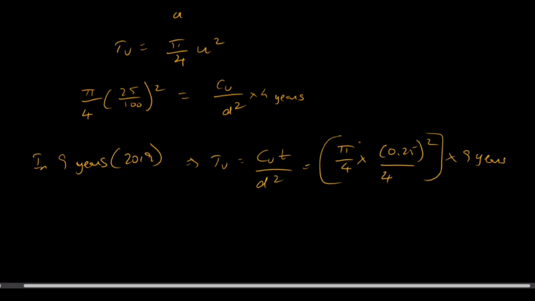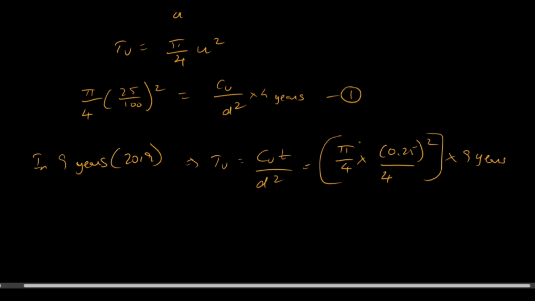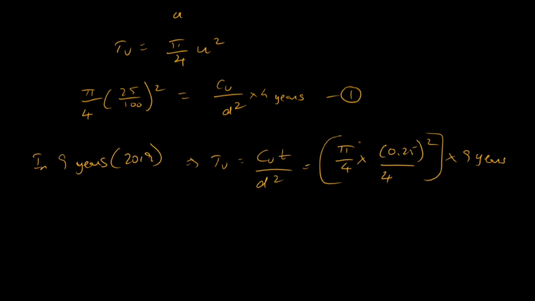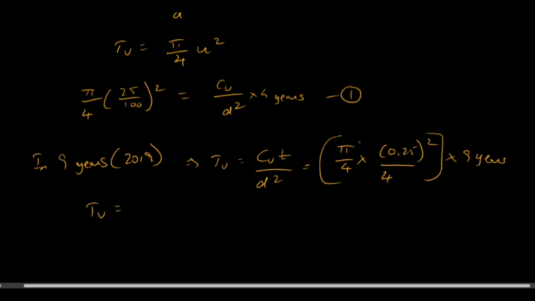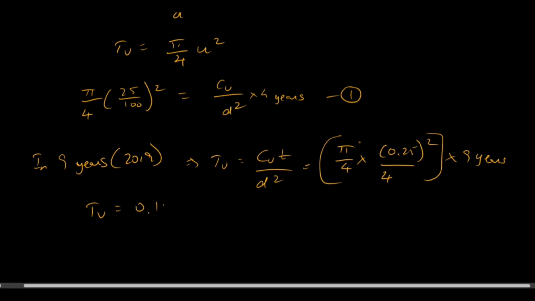If you see, this CV will be getting from equation number 1, which is nothing but TV will be equal to 0.11044.